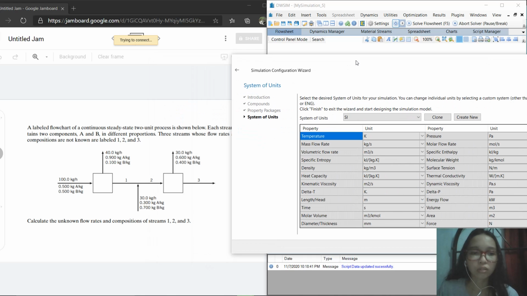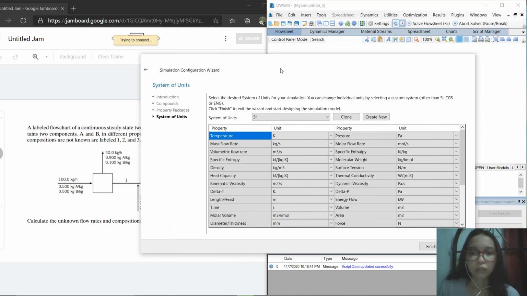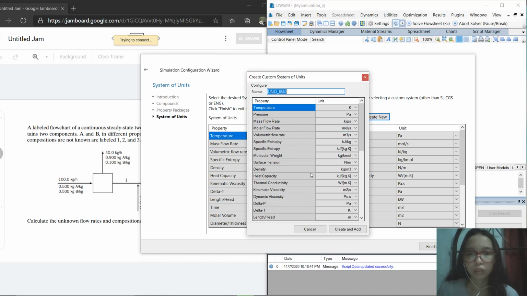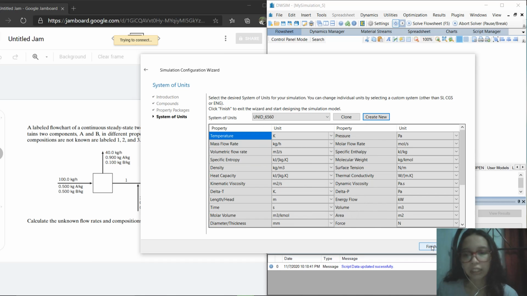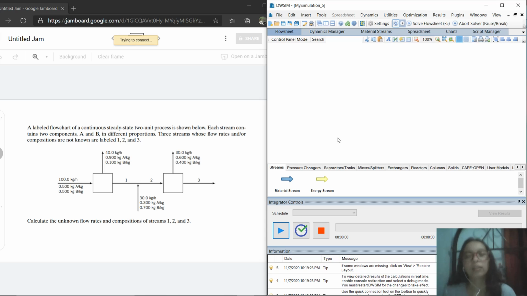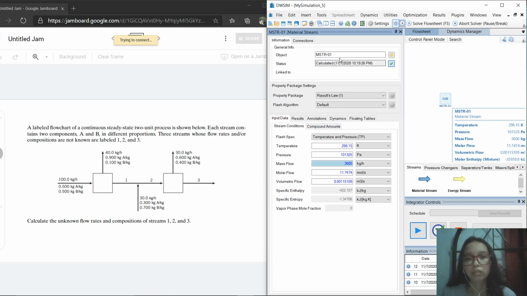Since the unit used is kilogram per hour, I'm going to create new and click kilogram per hour as the mass flow rate, and finally click finish. I'm going to add material stream. I'm going to name this as our feed.